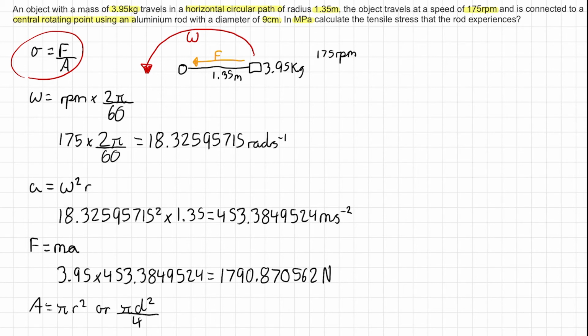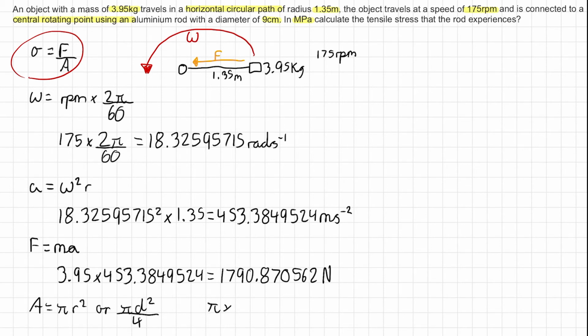Personally, I prefer pi d squared over 4 when it's given in diameter like this question, so there's no conversions and you don't forget anything, as in a high intense environment like an exam you tend to rush things and skip steps, like that conversion from radius to diameter and vice versa. So that's why I prefer to keep it as diameter, or as it's given.